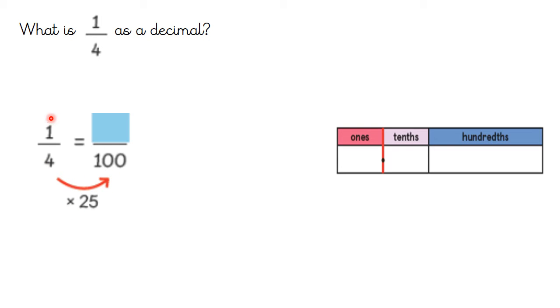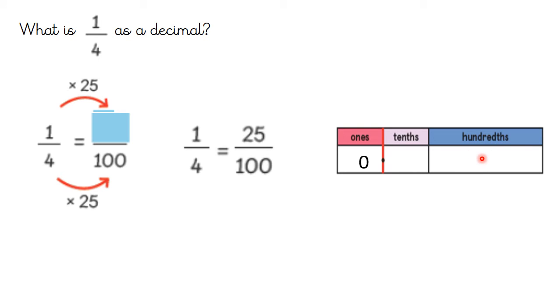And whatever we do to the bottom, we have to do to the top. So we will times our numerator by 25, which will give us 25 hundredths. So 1/4 is equivalent to 25 hundredths. Now let's put this on a place value grid to help us turn it into a decimal. So we know we have 0 ones, and we know that we cannot put 25 into our hundredths column.